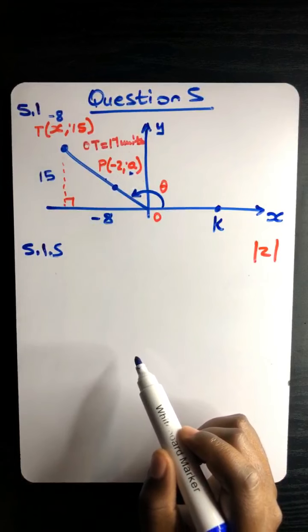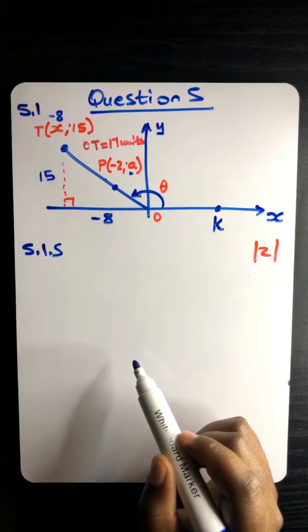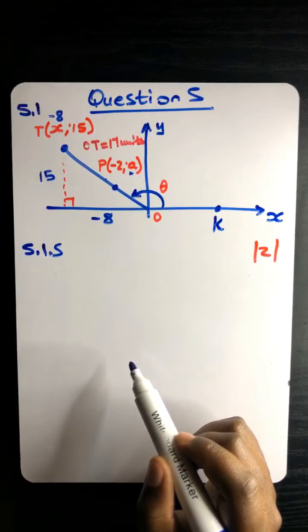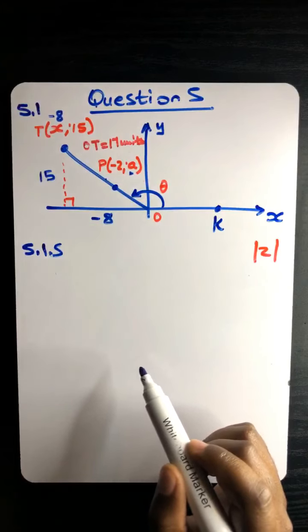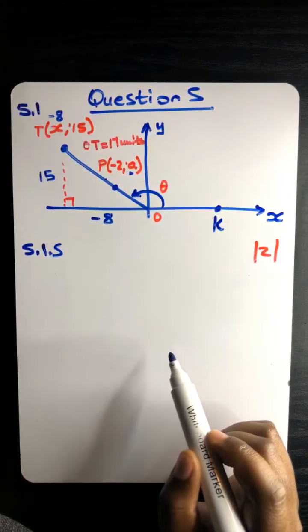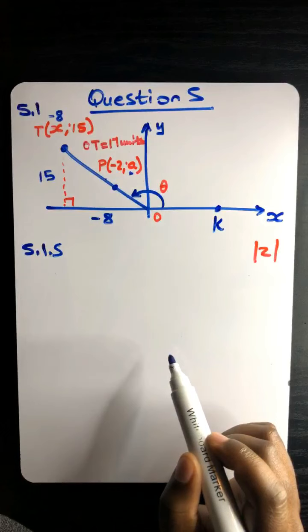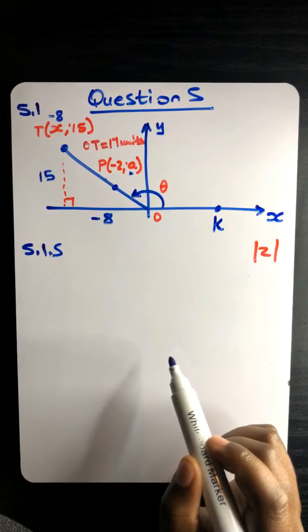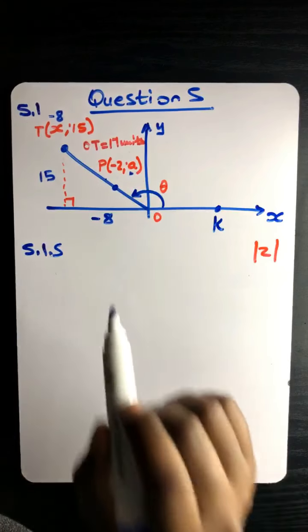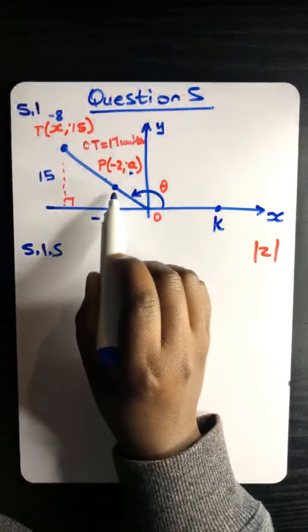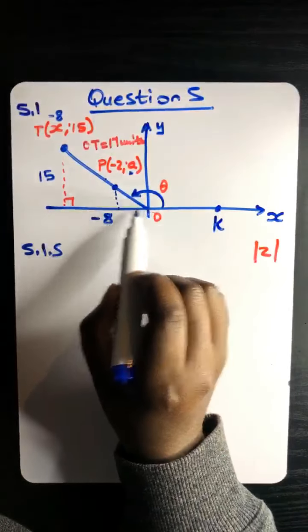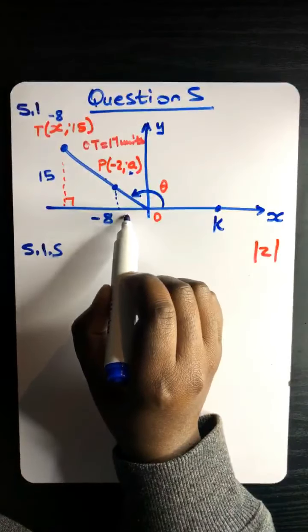I'm getting the value of P as -2 and alpha, which is the value of x from that triangle. From that triangle OP, the x value is -2. So you are saying from there to there, it's -2.